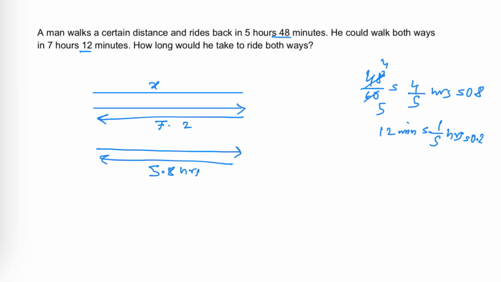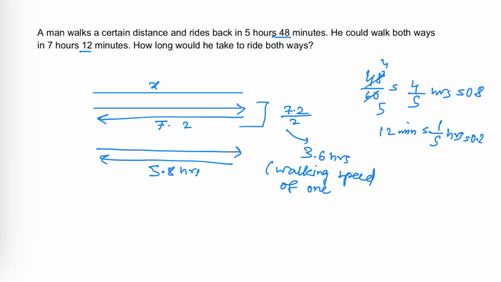So we have to just find the walking time. It would be 7.2 by 2, this is 3.6 hours, walking one way.